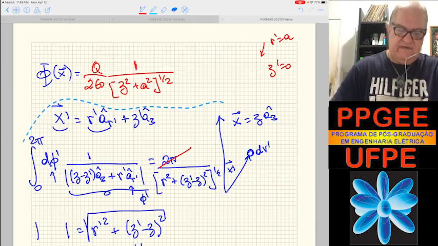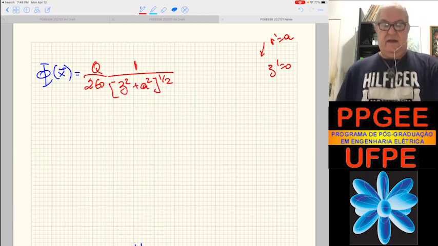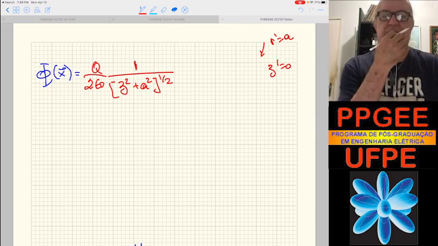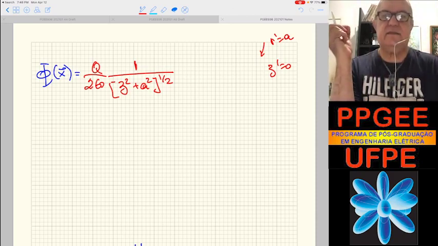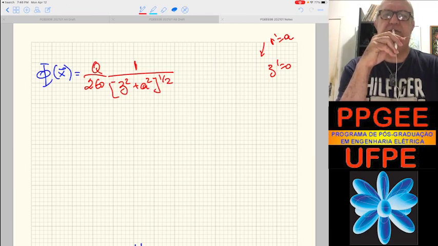So let's remove everything else from the calculation. So that's the result, right? I think I forgot something there. There's an a there, is that right? See if I didn't miss anything here.